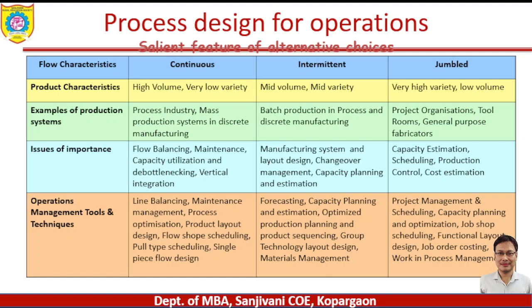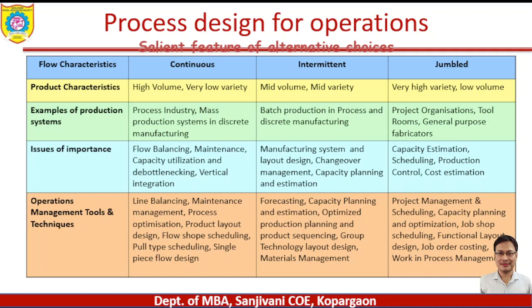That's why it depends on demand forecasting and how accurate it is. Again, scheduling and product sequencing is a challenge in this intermittent flow. Usually, group technology layout design is used in this kind of flow.